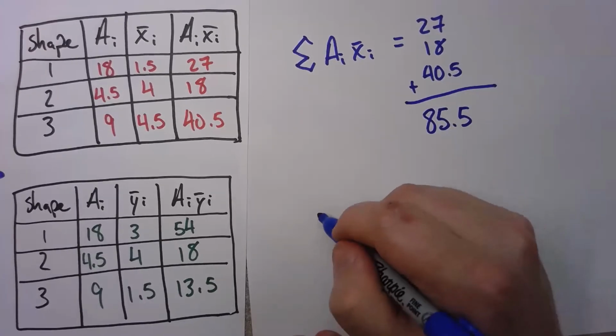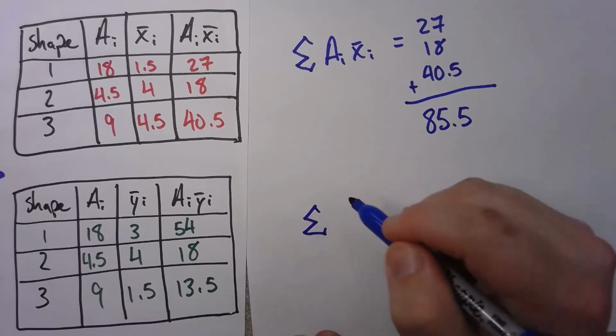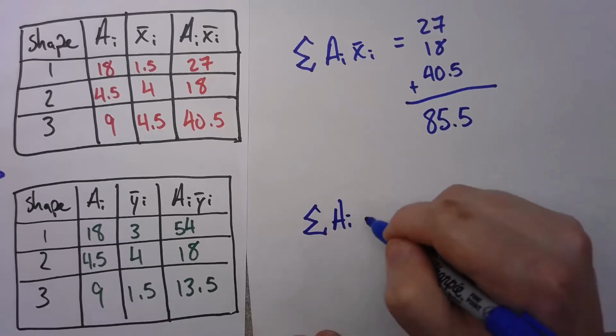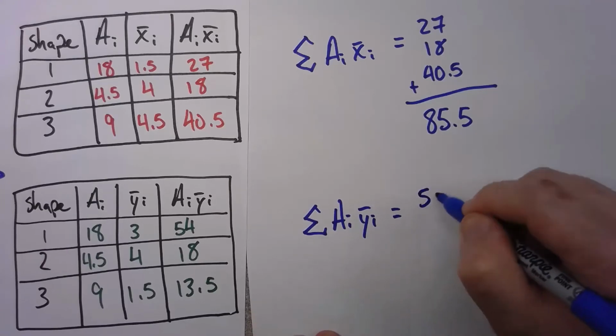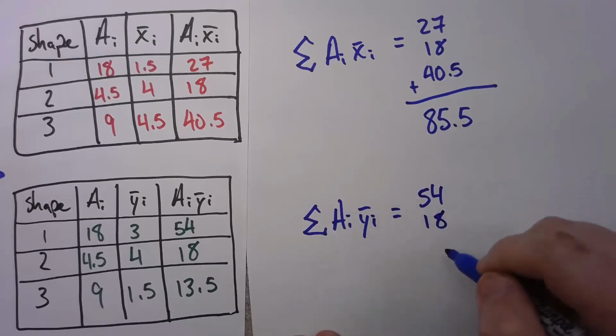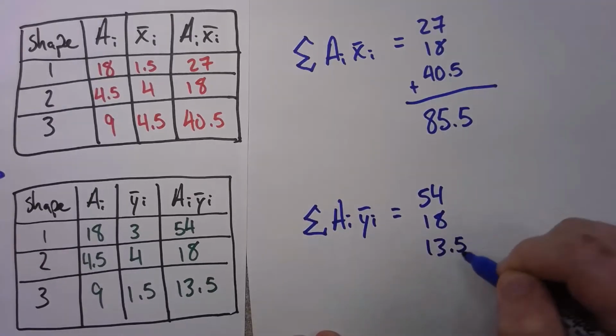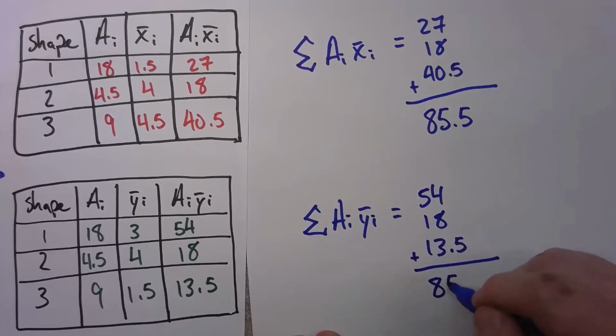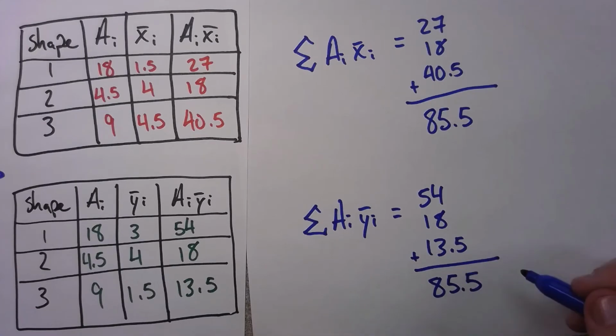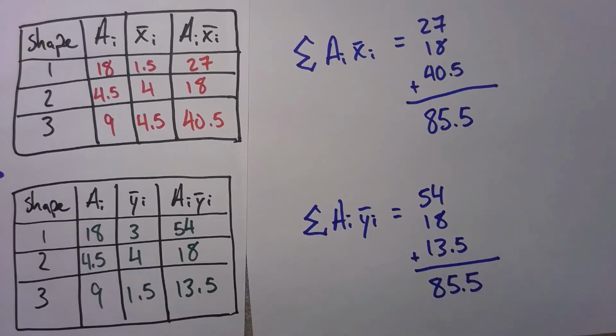And then we also want to sum up our areas multiplied by our y bars, which in this case is going to be equal to 54 plus 18 plus 13.5. Add those guys up, and it's also equal to 85.5. Okay, so that was step 7.